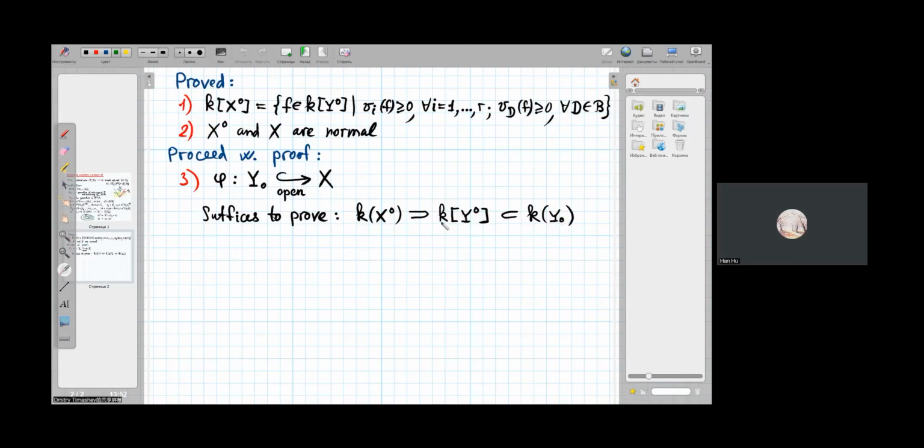So the fraction field of its coordinate algebra is the same as the field of rational functions here or here, doesn't matter. So it suffices to prove this inclusion. Let's do it.